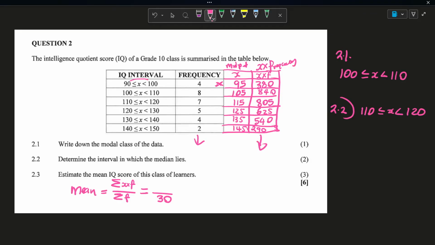And then what do you have now here? It's 3480. And then what is the answer? The answer should be 116.